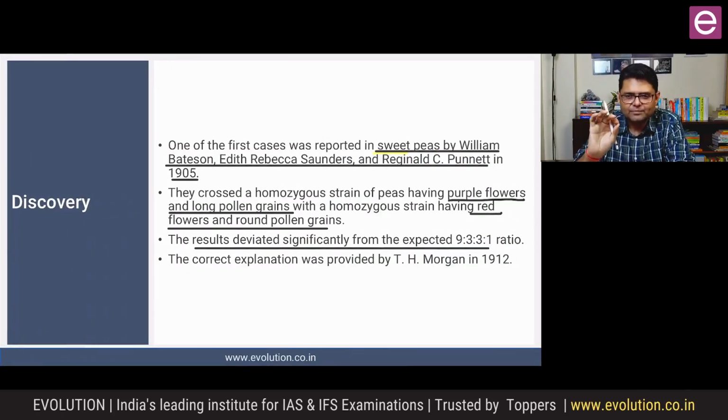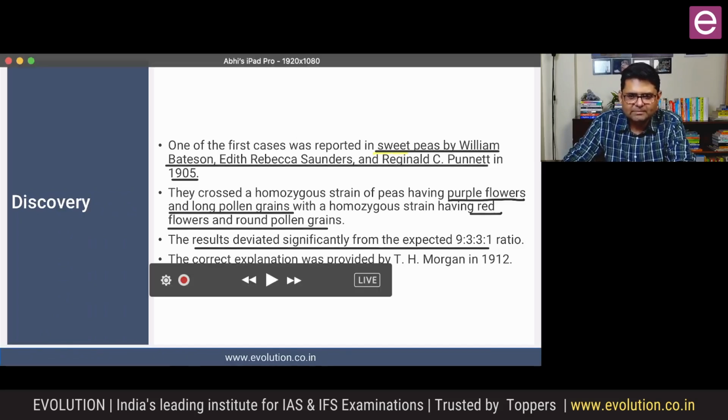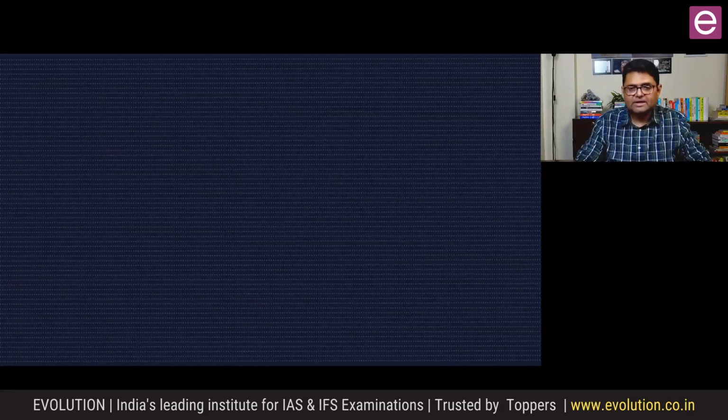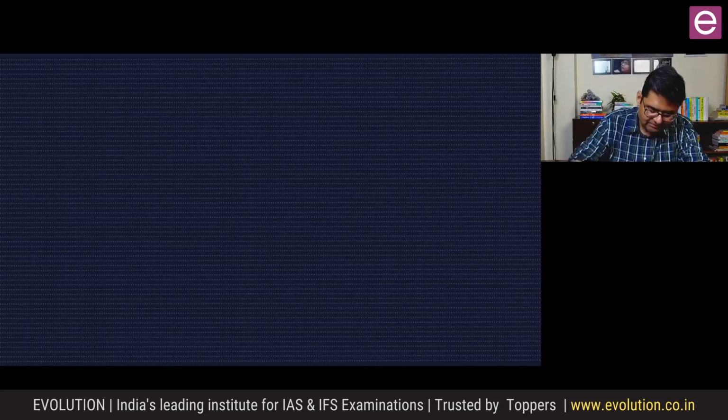ठीक है, हम लोग यहाँ पे थे कि it was discovered by Bateson and Punnett, and how they basically tried to interpret but could not interpret. So what was the explanation given by Bateson and Punnett?